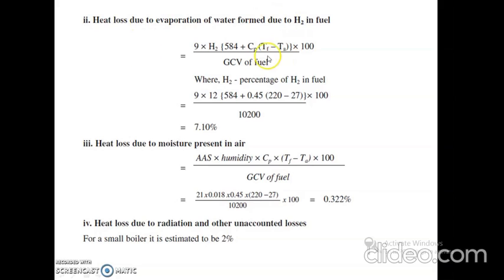You can calculate this with this formula, where H2 is the percentage of hydrogen in the fuel that you already know from the ultimate analysis. And Cp, Tf and Ta you can substitute, and finally you will get the value of heat loss due to evaporation of water formed due to hydrogen, which is 7.1% in this case.